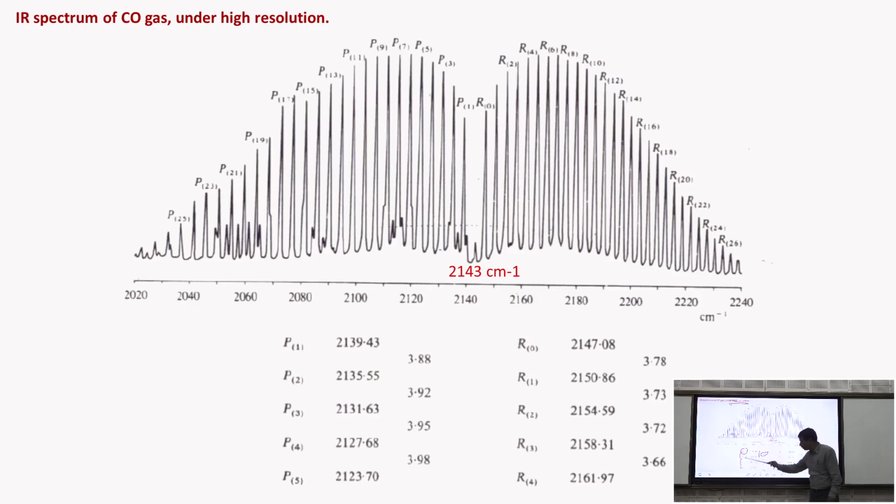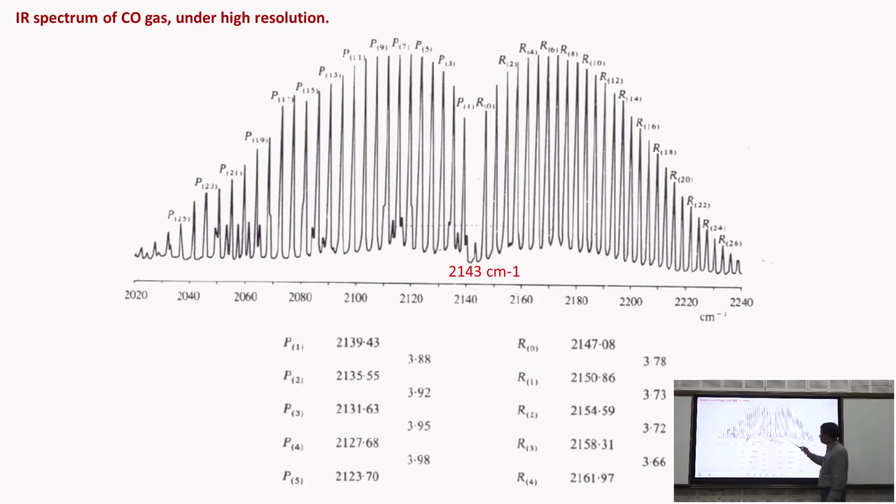The difference between P2 and P3 should again be 2B, so it should be 3.88. The difference between these should again be the same, but you see there is a change: 3.88, 3.92, 3.95, 3.98, means the difference is increasing. In the P branch, the difference here is different from the difference there, so it is not the same as 2B.